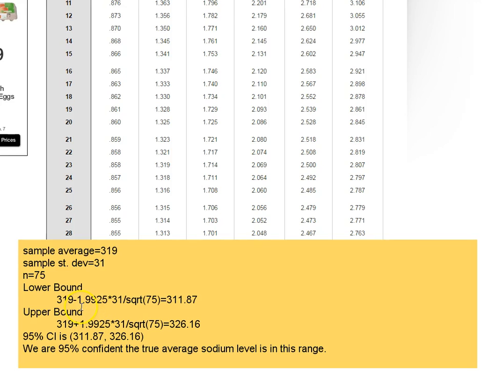If I use 1.99, then I would be off just slightly, and there would be a small rounding error. Here, since we're stopping at 2 decimal places, it's fine to use 1.9925 or 1.99. They'll give me approximately the same answer. So once we've constructed our confidence interval, we can say we are 95% confident that the true average level of sodium is within this range.